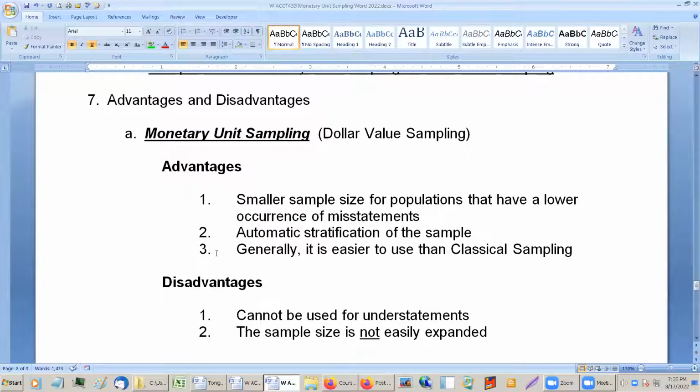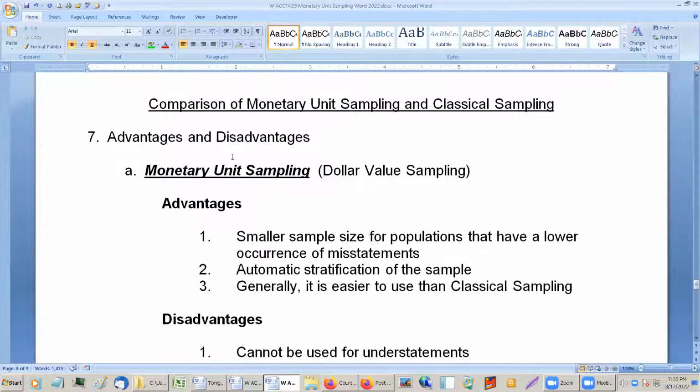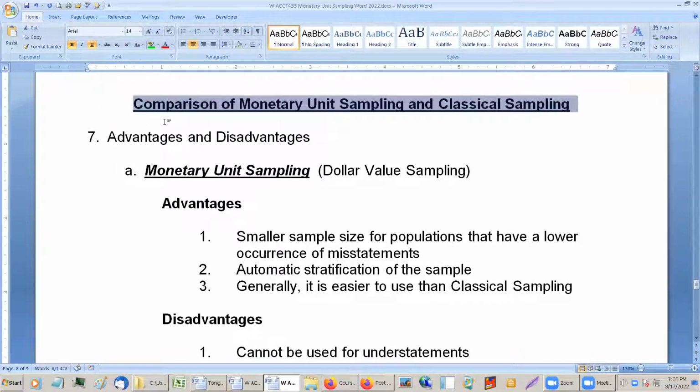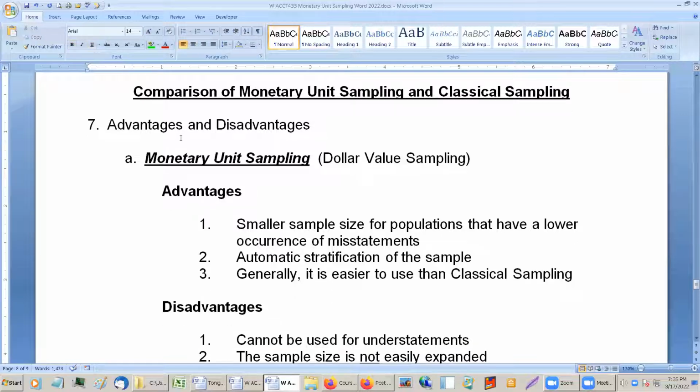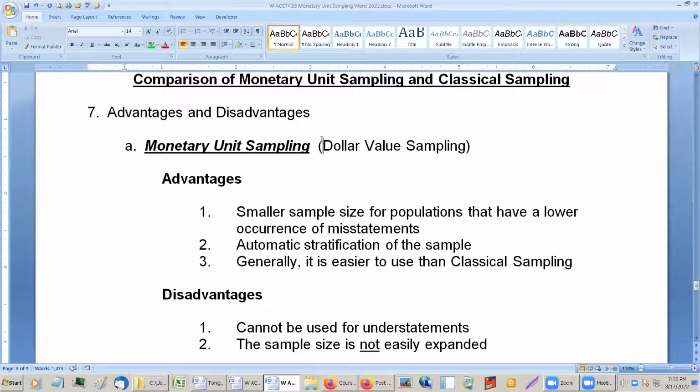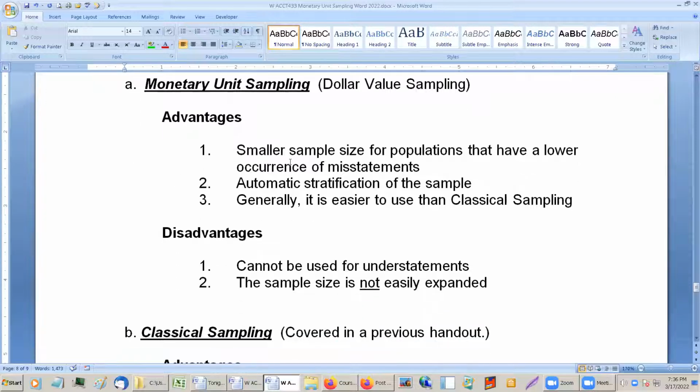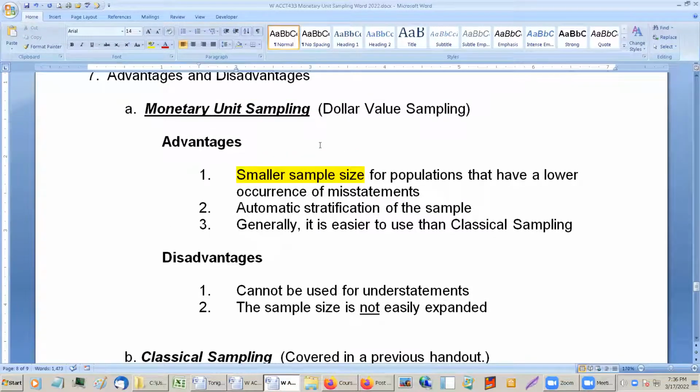Okay, and we go over to some of the advantages and disadvantages, the comparison of the two for classical sampling. Monetary unit sampling, sometimes called dollar value sampling. The big one is smaller sample size. This is what really makes this appealing to a lot of auditors when they're doing an audit: that sample size gets you through the audit quicker.